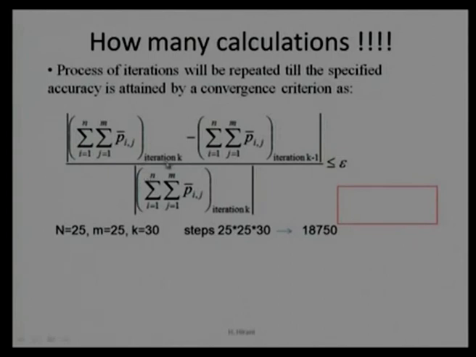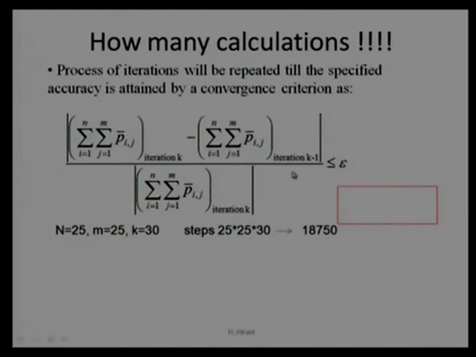This is the convergence criterion we are using. At any iteration k, we take the summation of pressures, or non-dimensional pressures, for all the nodes, where i varies in the x direction from 1 to n, while j in the z direction goes from 1 to m. This is not case sensitive; it can be capital N or small n, it remains the same.